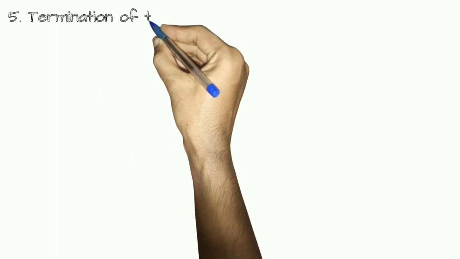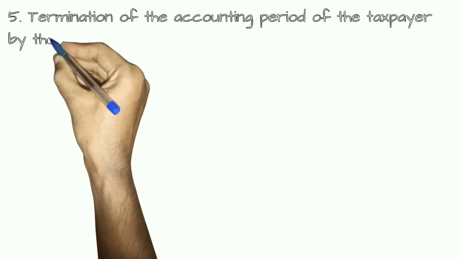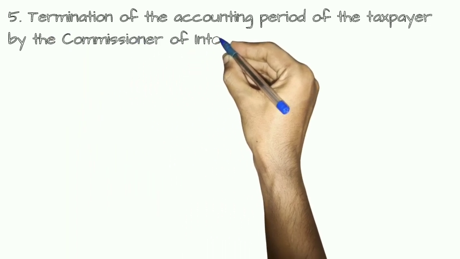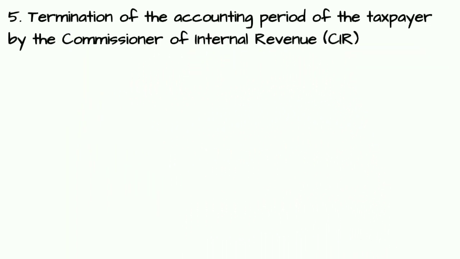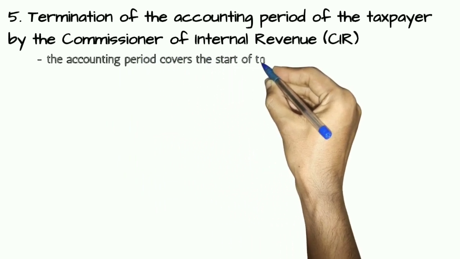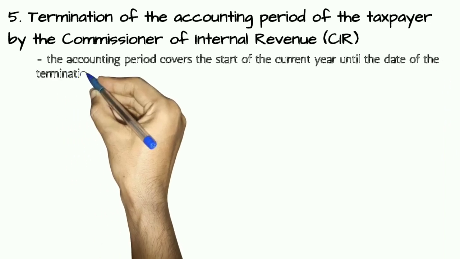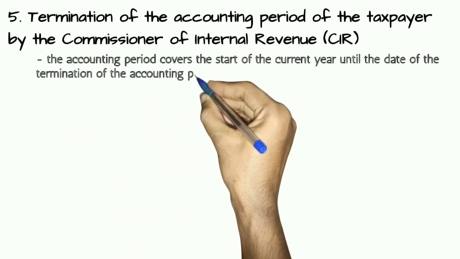Fifth is termination of the accounting period of the taxpayer by the Commissioner of Internal Revenue or CIR. If the accounting period of the taxpayer is terminated by the Commissioner of Internal Revenue, the accounting period covers the start of the current year until the date of the termination of the accounting period.